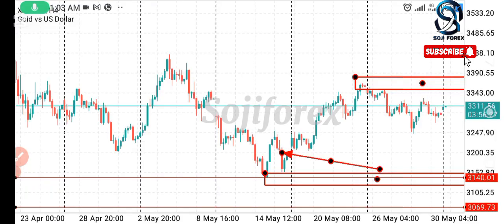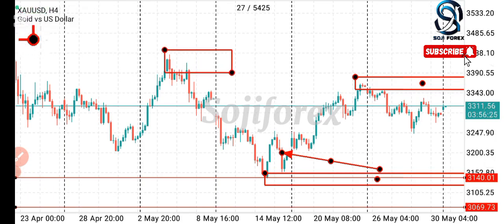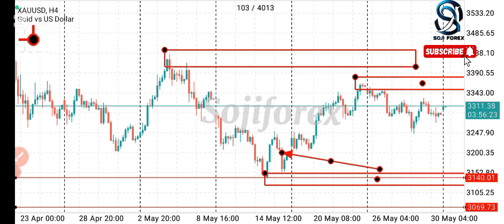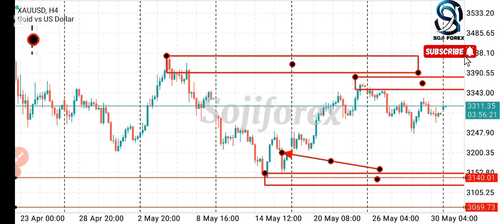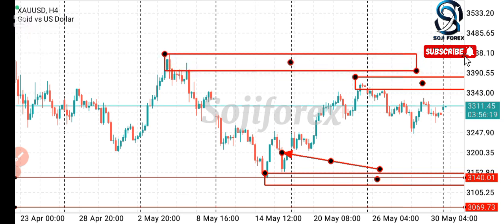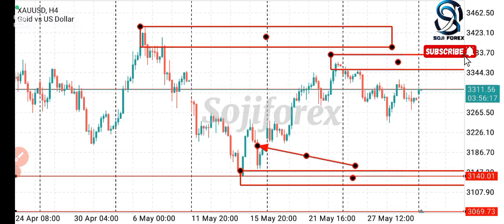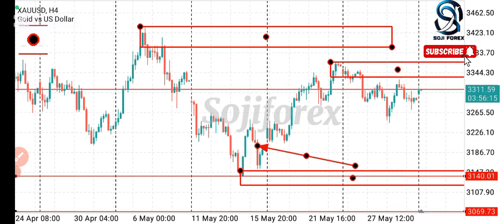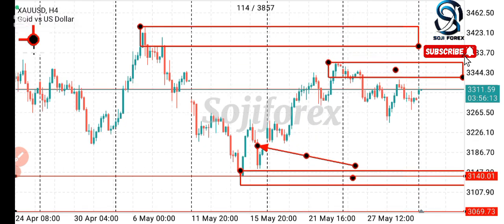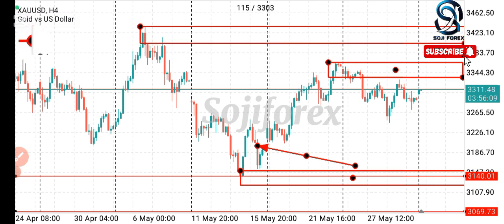Okay, so here is another zone. So this is it.